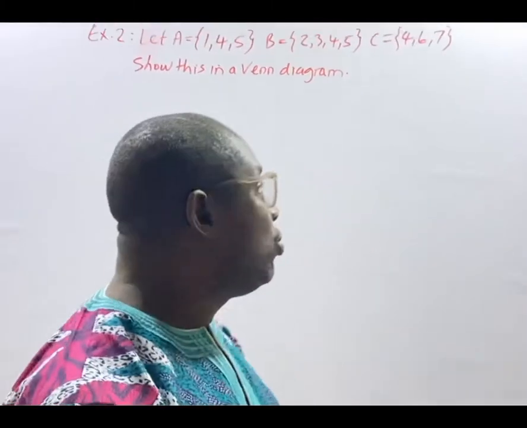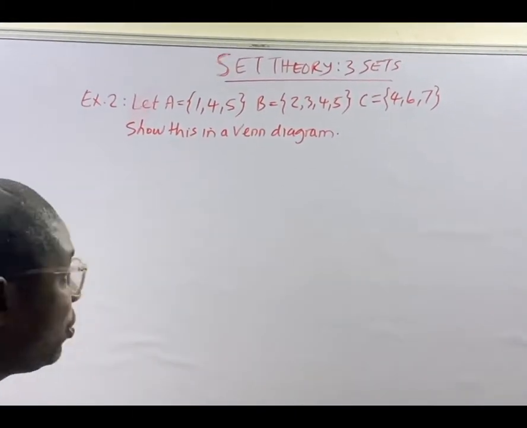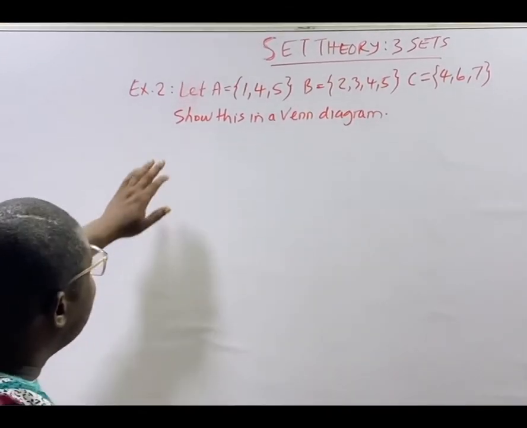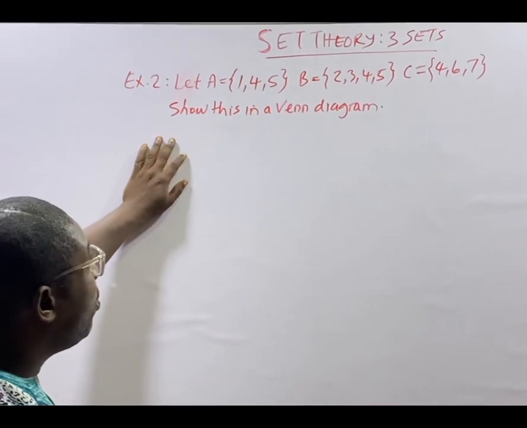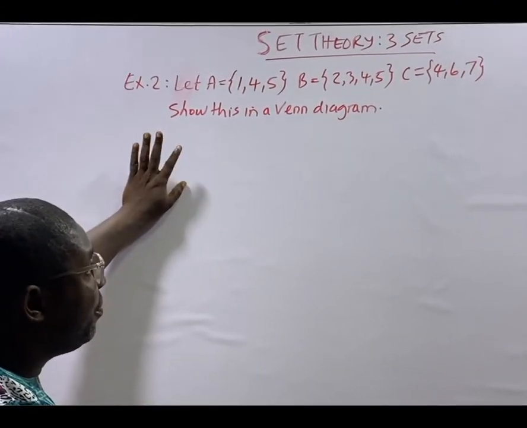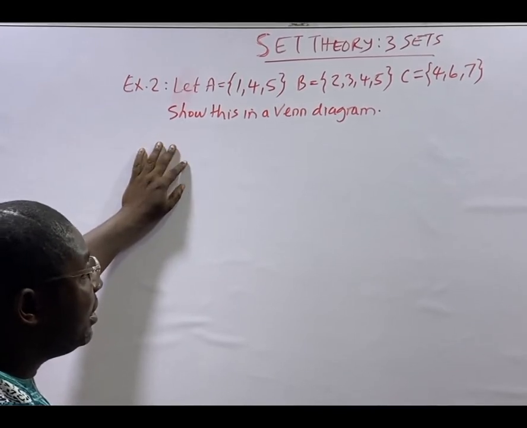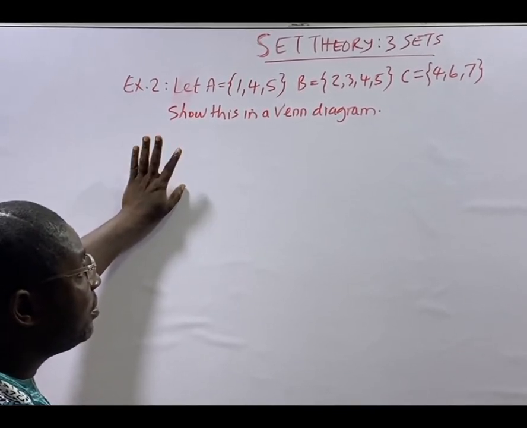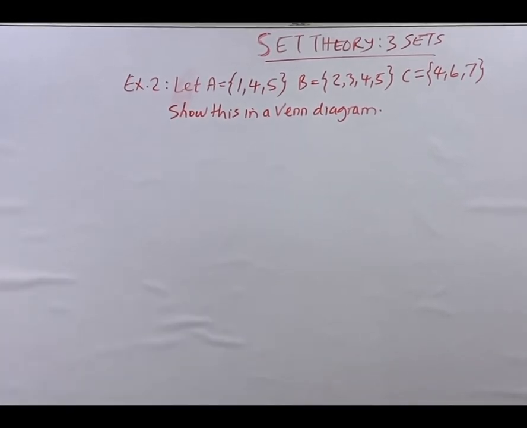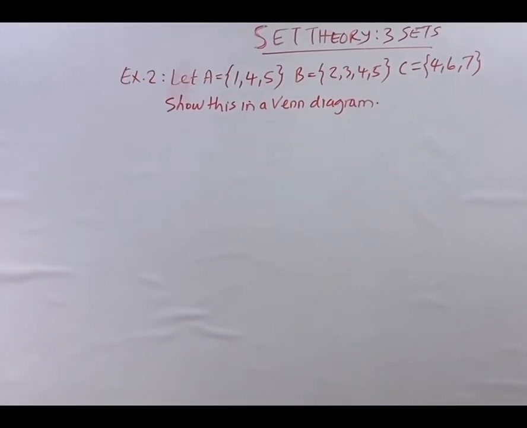It's a straightforward question just for the purpose of illustration. Let set A be 1, 4, and 5, set B be 2, 3, 4, and 5, and set C be 4, 6, and 7. We're told to show this in a Venn diagram.